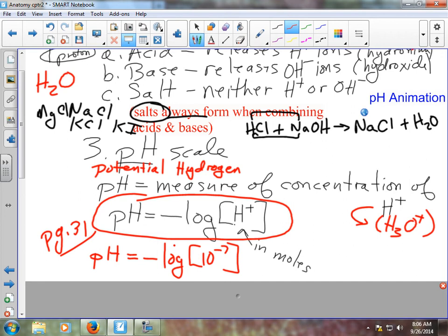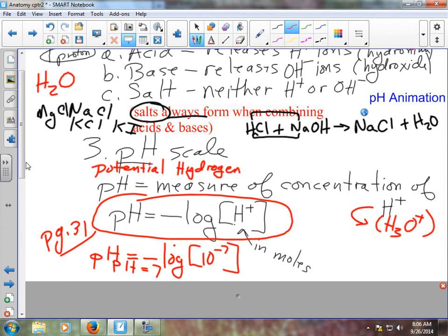Negative of a negative is a positive. So when you punch that in your calculator, it's going to spit out 7. So all you really have to mentally remember, and keep it real simple, is whatever the exponent is, make it a negative. So if it's already negative, it ends up being positive.